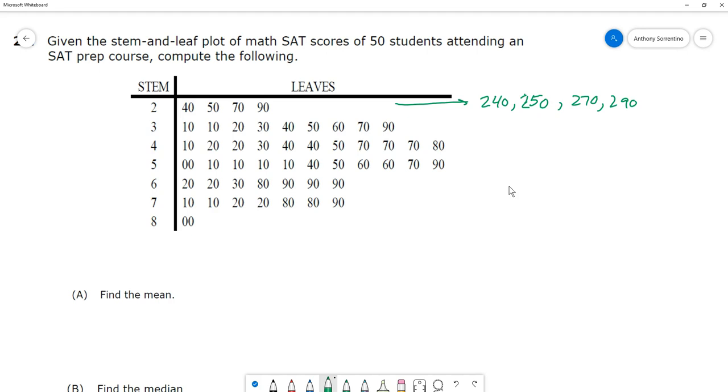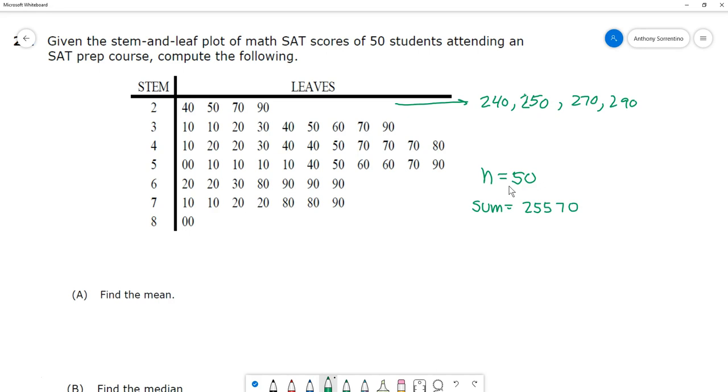As I went through this, I used my calculator to help me, obviously. So I know there are 50 items here. I know the sum, when I added them all together, was 25,570.